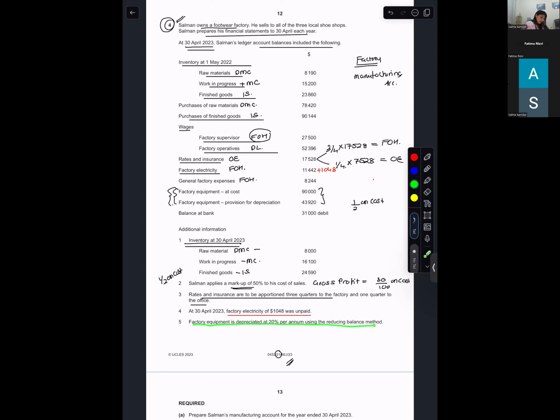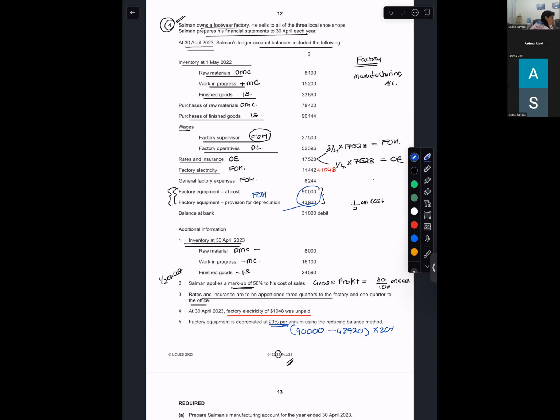Factory equipment is depreciated at 20% using the reducing balance method. So factory equipment at cost minus provision for depreciation, times 20%. 90,000 minus 43,920 times 20%.